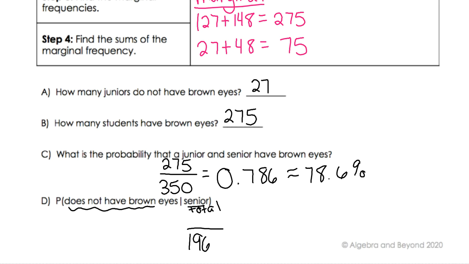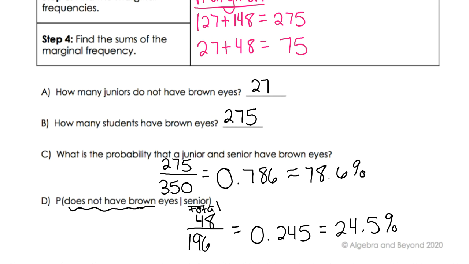And then out of those 196, how many do not have brown eyes? There are 48 that do not have brown eyes or have other colored eyes. When I divide those, I get about 0.245, and that comes out to about 24.5% of the seniors don't have brown eyes.